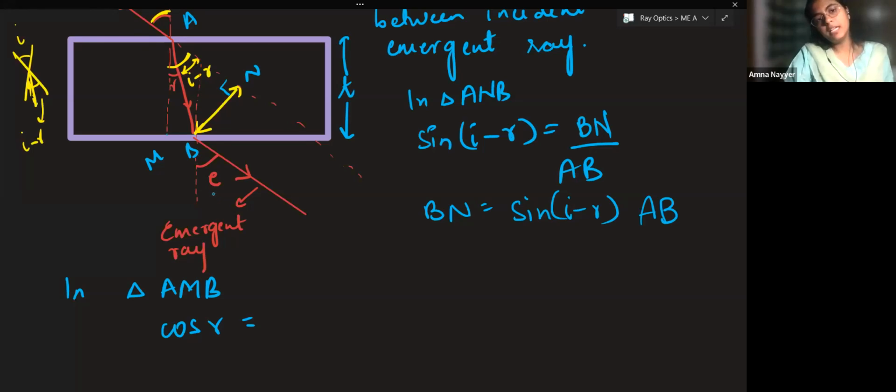So it will be base upon hypotenuse. So base is this AM, hypotenuse is same AB. This is perpendicular MB. So cos R will be AM divided by AB.